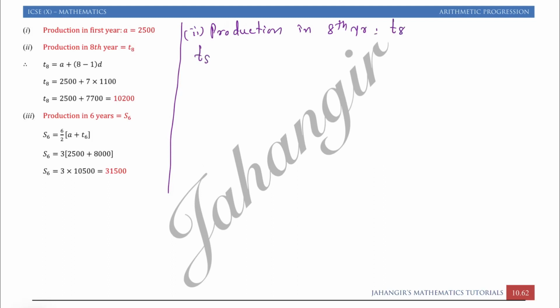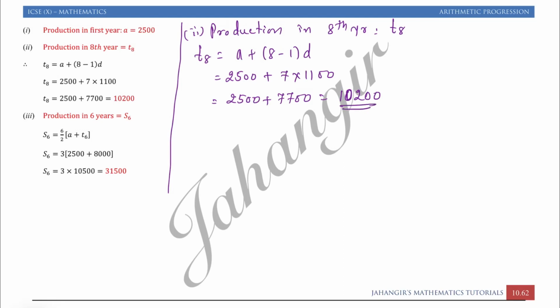So we can write T8 is equal to A plus 8 minus 1 into D, where A is 2,500 plus 8 minus 1 is 7 into 1,100. So that is equal to 2,500 plus 7,700, that is 10,200. This is the production of TV sets in the 8th year.